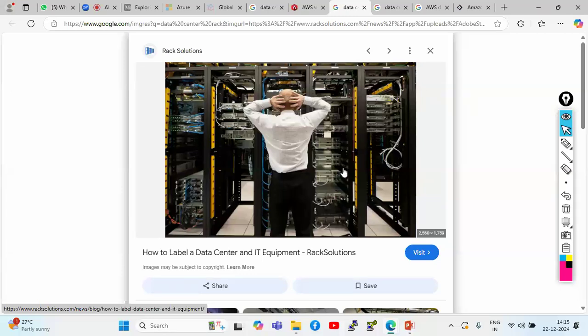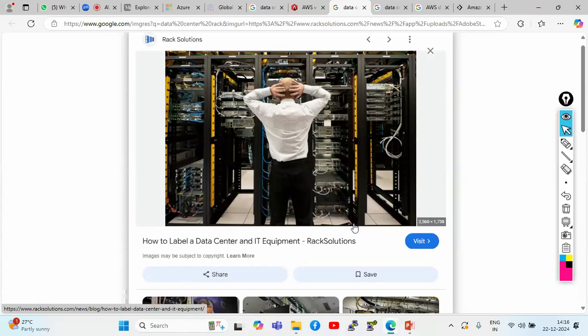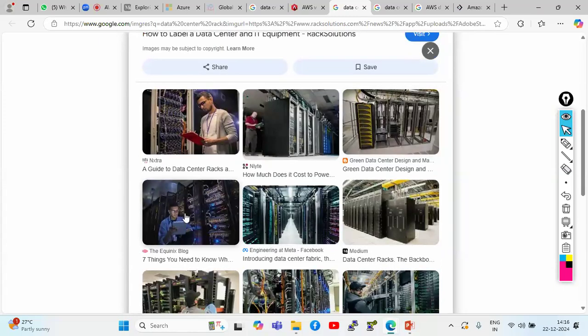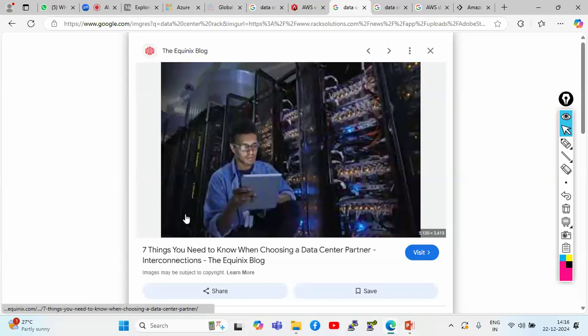So whenever you're talking about an Azure data center or any data center or any cloud computing, at the bottom level, it will be in a data center, and in the data center, you will find a similar kind of setup. Is this clear? How a data center looks like?